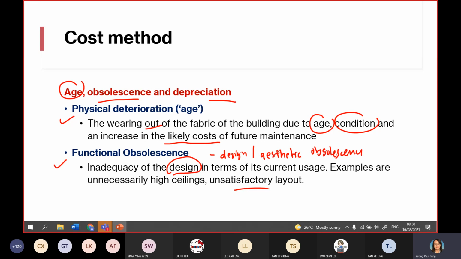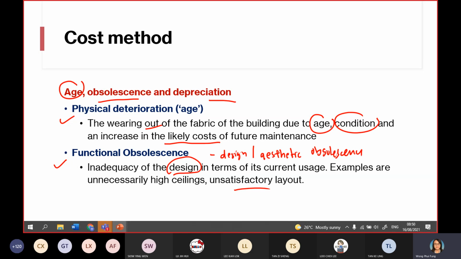The layout is actually not so nice, and it only has one bathroom. But as you can see nowadays, a house has a minimum of 2 bathrooms, isn't it? So 1 bathroom is not enough. So that is the meaning of functional obsolescence, unable to satisfy the owner's need.